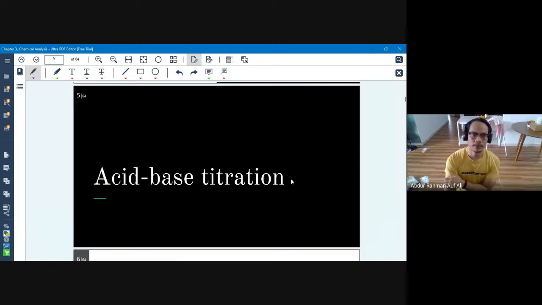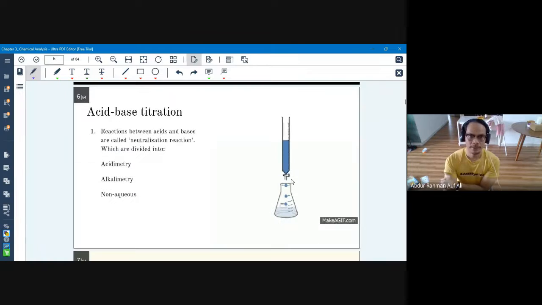So let's take a look into the first one, acid-base titration. So hari ini kita akan habiskan acid-base titration dulu. Lagi 2, redox and precipitation kita akan tengok hari Jumaat. Okay, so acid-base titration adalah a reaction between acids and bases, and they are known as neutralization reaction because bila kita biarkan acid bertindak balas dengan base, they will neutralize each other.